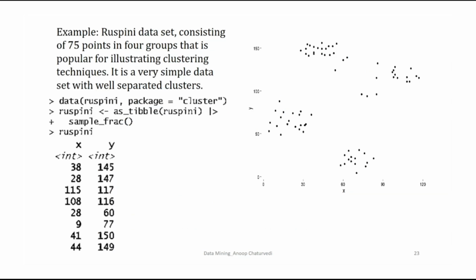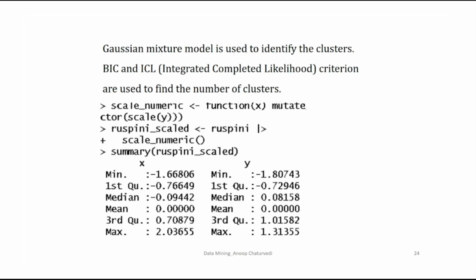Here I have taken an example of the Spinney data set, which consists of 75 points in 4 groups. And then we have plotted this data set here. We have used the Gaussian mixture model for identifying the clusters. And for selecting the number of clusters, we have used BIC, the Bayesian information criterion, as well as ICL, the integrated completed likelihood criterion.